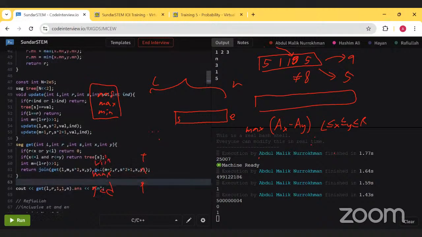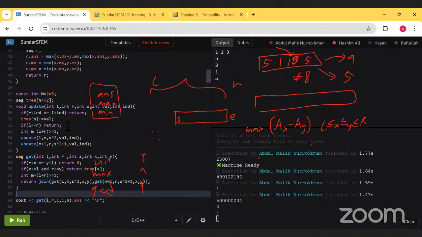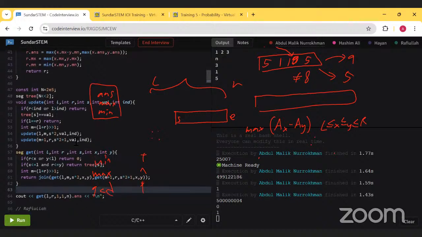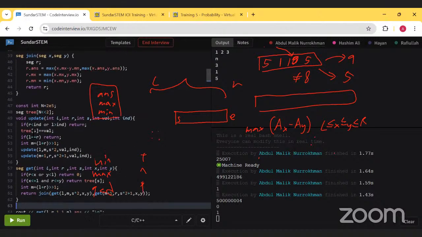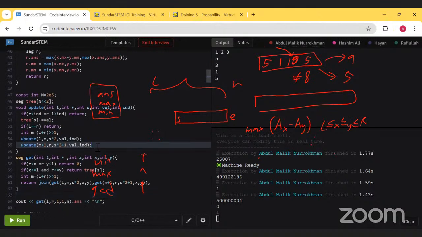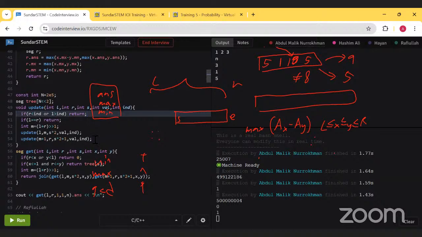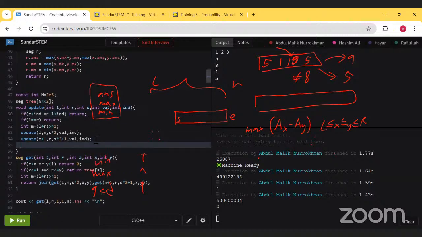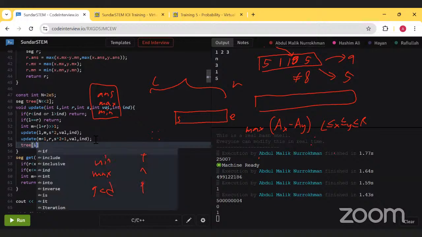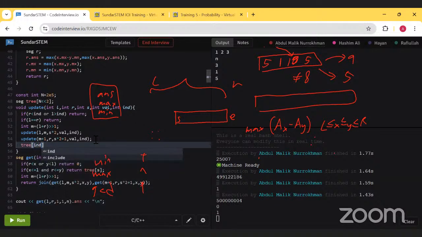How about update? Update means, oh, you forget to, sorry. Oh, that's correct. Okay. But here, if you want to update such a problem, we have to make it like this.